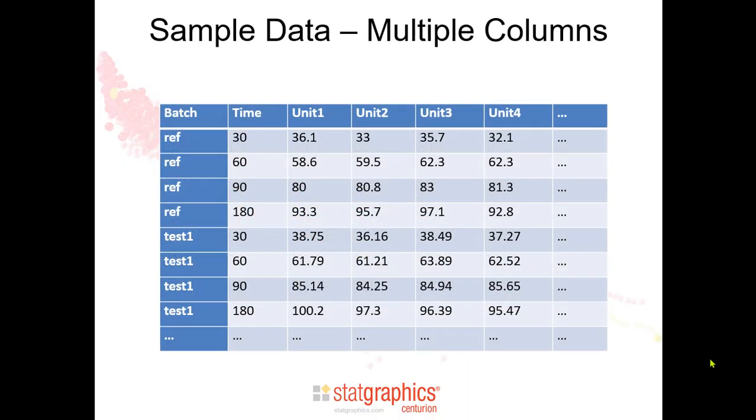Here's a data sheet with the sample data we'll analyze, arranged using the first approach. There's a column for batch, a column for time, and 12 columns, each containing the measurements on a different unit.